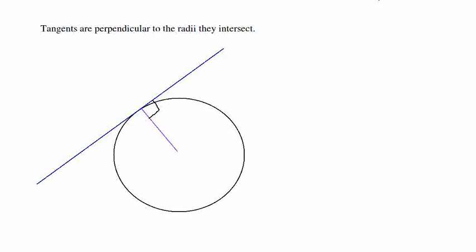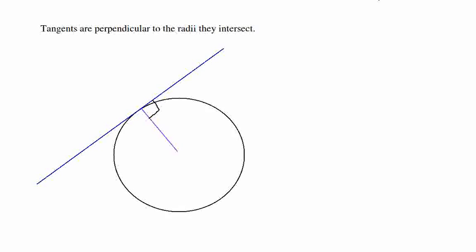I'm not going to prove that result, but I would invite you to try to prove it. You can prove it by using proof by contradiction. Assume that the tangent was not perpendicular to the radius that it intersects, and you'll see that that's not possible. Some helpful facts to help you with that.